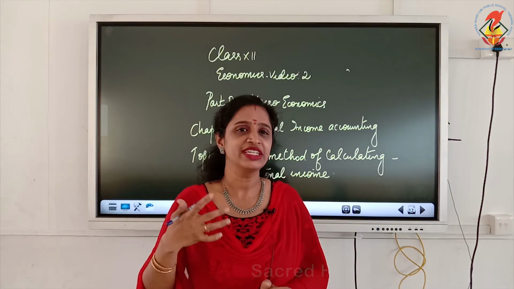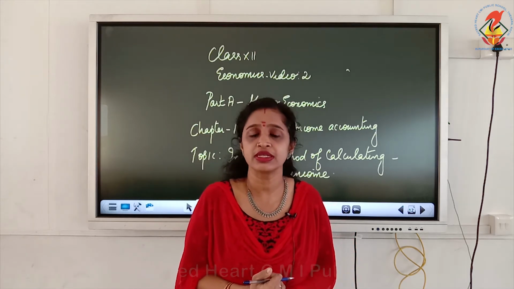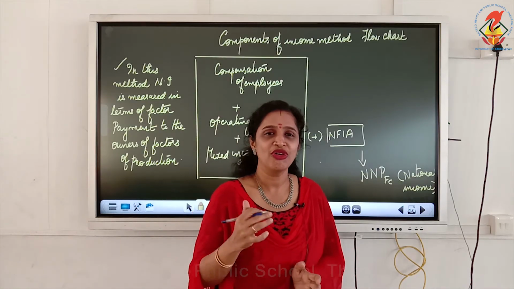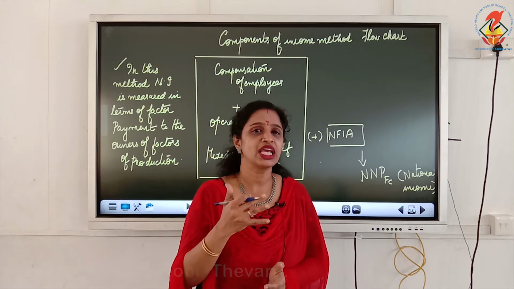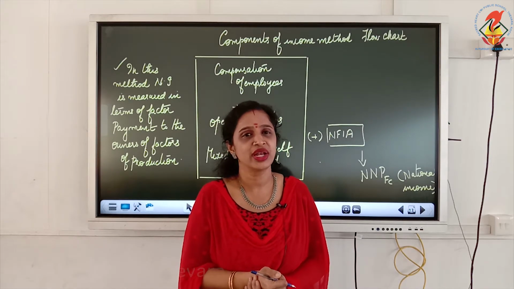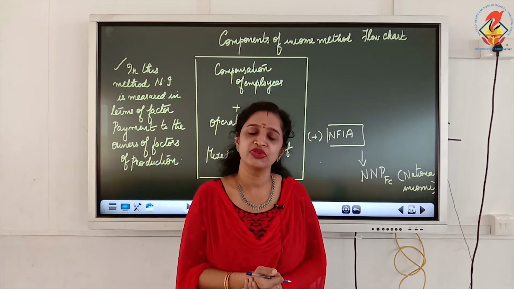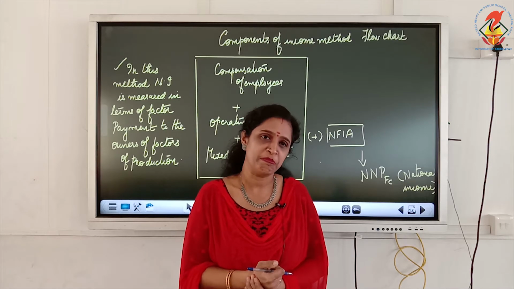Welcome back, children. Next we are moving on to the second method of calculating the national income, that is income method. Now I told you for all the three methods flow chart is very essential. It is with the help of the flow chart we calculate the national income. Just as we have learned the flow chart for the product method, we will be learning the flow chart for income method.